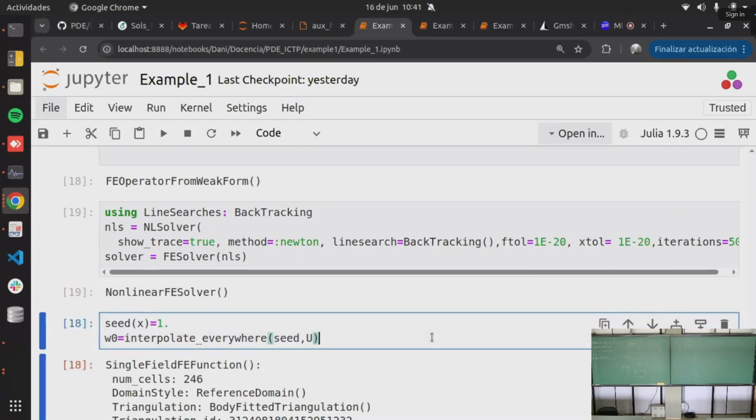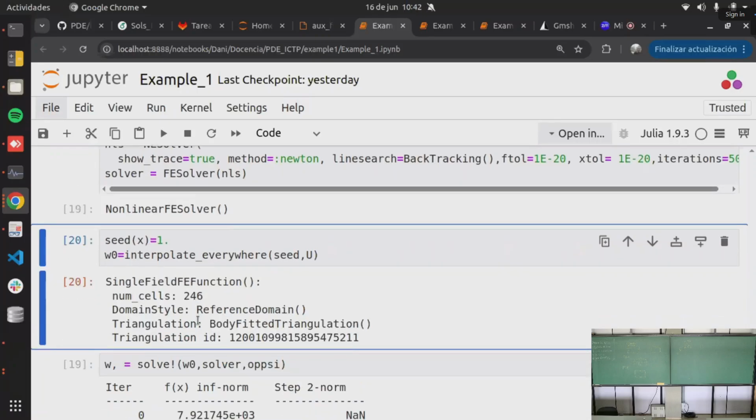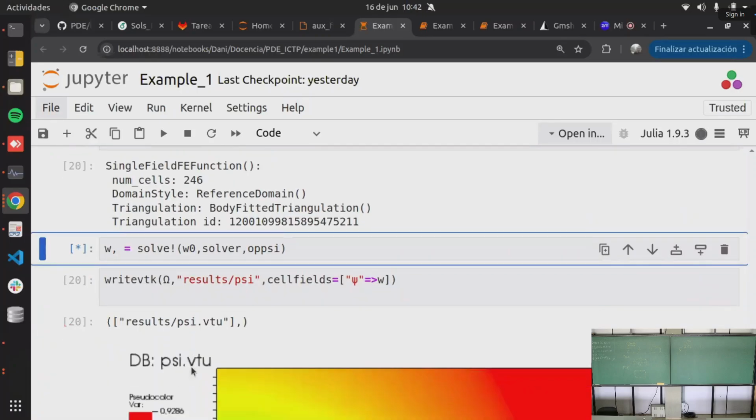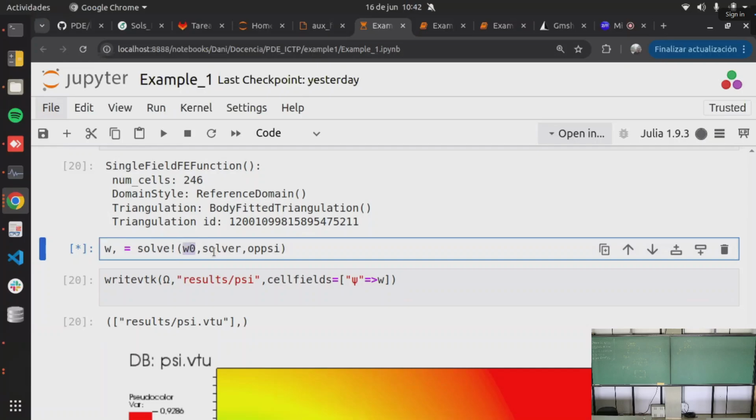So also we have to define a seed. Every time that you solve a nonlinear problem with Newton-Raphson, we have to define the seed. So now we do it in this way. This is a better seed for us. So it depends on the problem. And after that, I solve it. I tell the algorithm the seed, the solver, and the operation to perform.